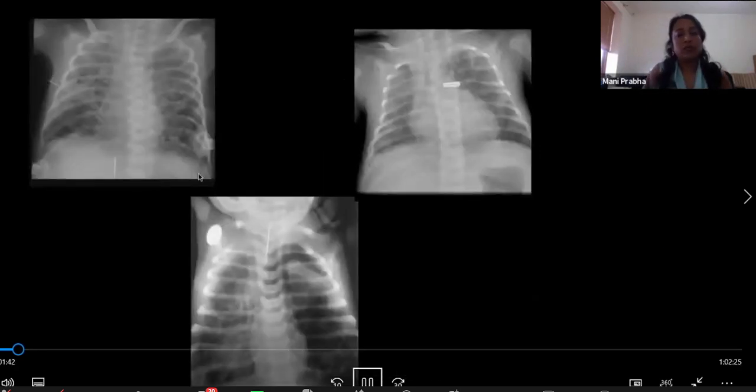And these are the other conditions we have discussed. So there can be PIE, also without any mediastinal shift, chronic lung disease, and meconium aspiration. So they all show coarse opacification or coarse pattern of the lung. So these three differentials you have to think about when you see such a coarse pattern in the lung without any mediastinal shift.